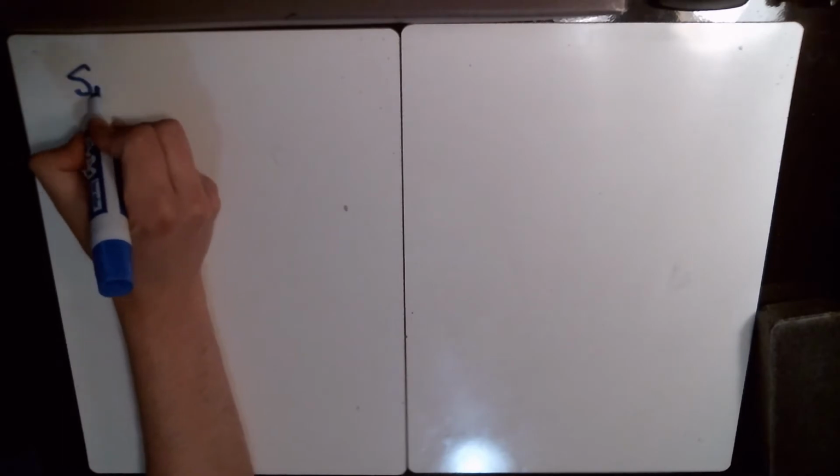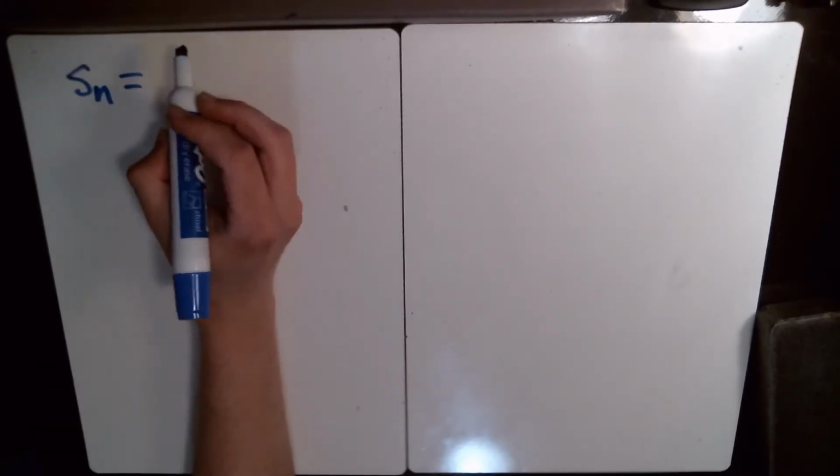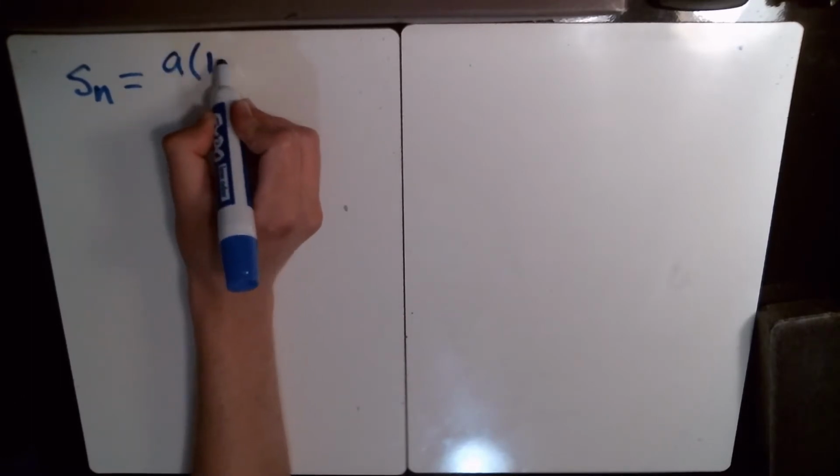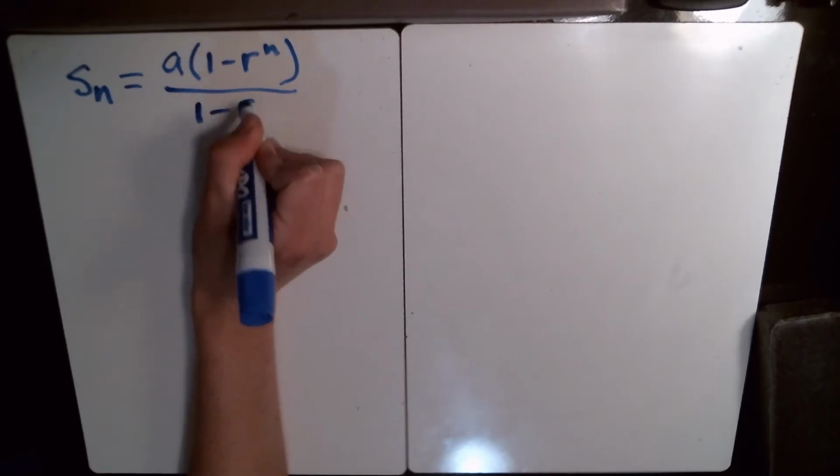Hello. So I'm going to do another example of using our formula for the sequence of partial sums for a geometric sequence to find the sum. Remember, our formula for the sequence of partial sums for a geometric sequence is S_n equals a times 1 minus r to the n, divided by 1 minus r.